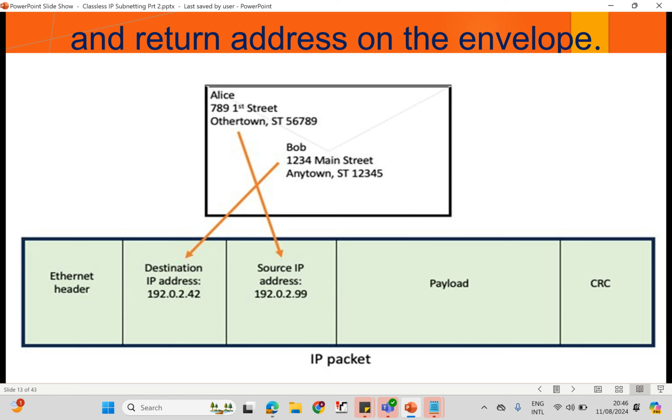So Bob here is the destination. Alice here is the source, the person sending the packet. Bob is the receiver, the destination. Don't worry, as time goes on, we're going to be looking at what payload is and what CRC means.